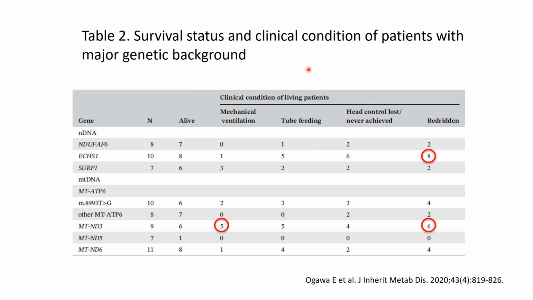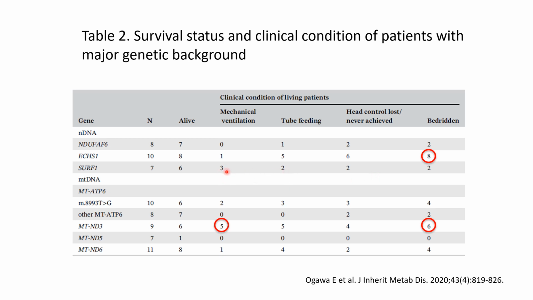This slide shows the survival status and the clinical condition of the patients with major genetic background. So X1 patients are all bedridden. Of SAF1 patients, 6 patients are alive, but 3 of 6 are using mechanical ventilation.